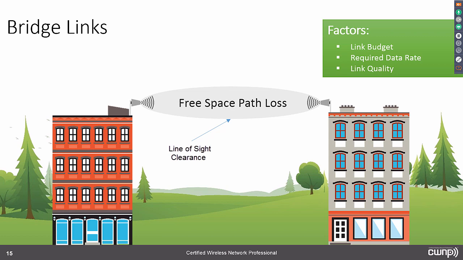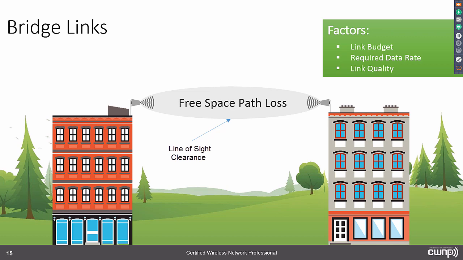It's not just about antenna gain. We have to factor in the output power of the radiator, the loss incurred by the cables and connectors leading up to the antenna gain, and then this really big thing called free space path loss. As the RF wave propagates through space, it spreads out to a wider and wider, larger and larger coverage area.